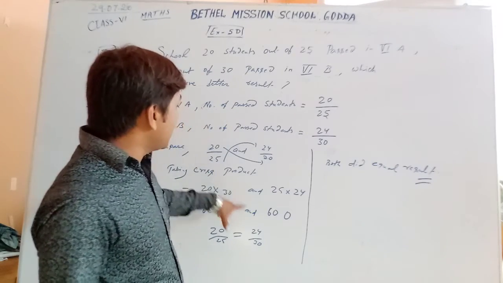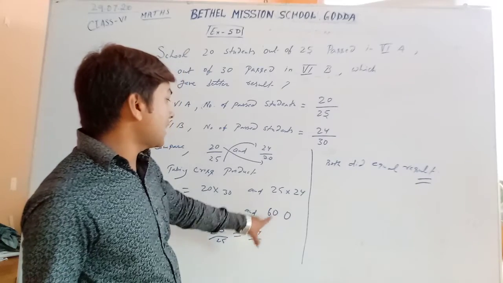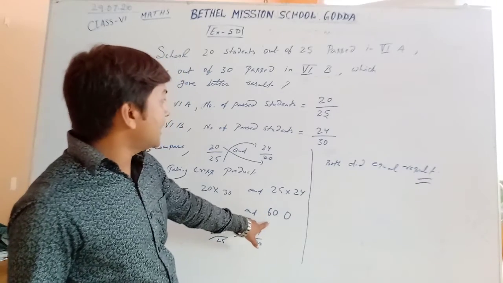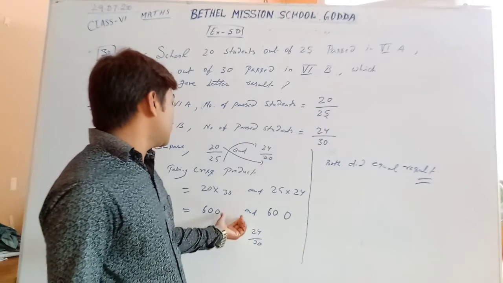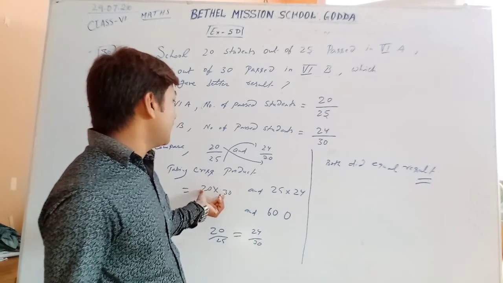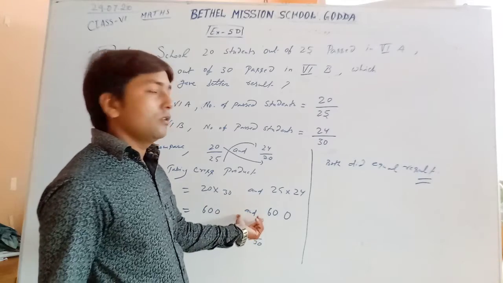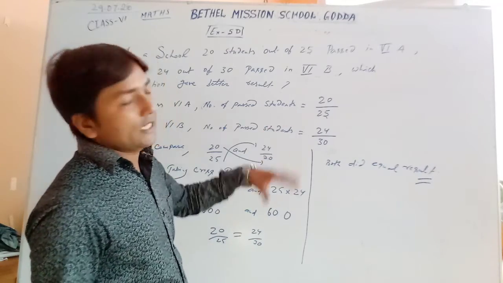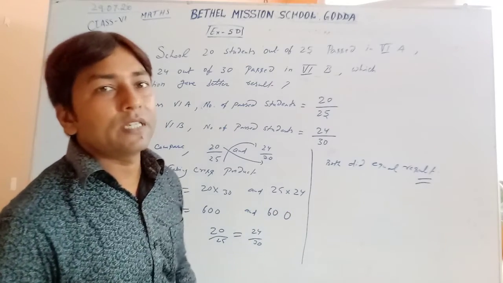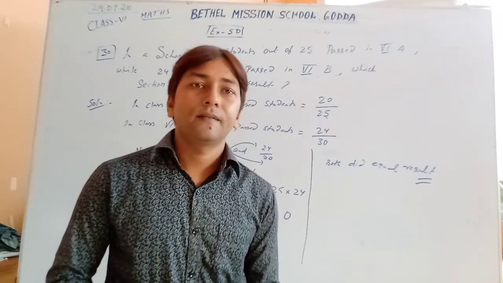And if this side would be greater, section B would be better. But when we multiply, both become equal. That's why both sections did the same result. No one is greater.